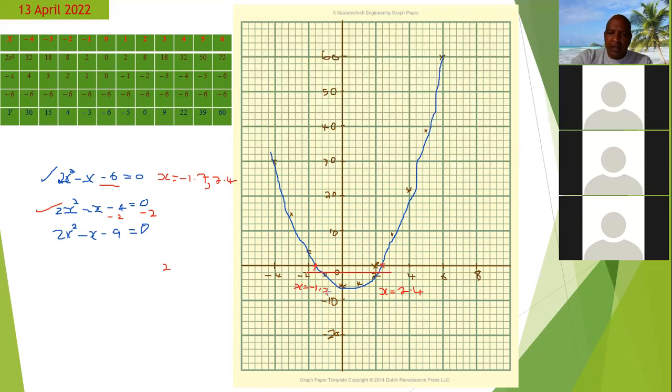Now, where it cuts the curve, you're going to draw a vertical line to meet the x-axis. So you're going to come down and meet the x-axis with a vertical line. And now wherever on the x-axis that vertical line meets, you read that value, right?